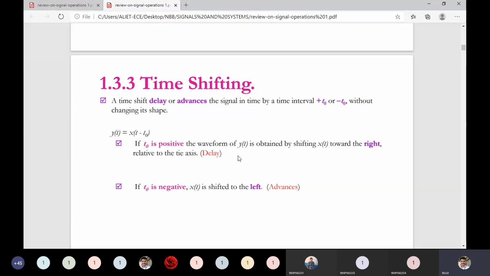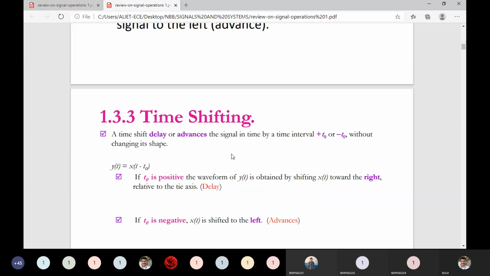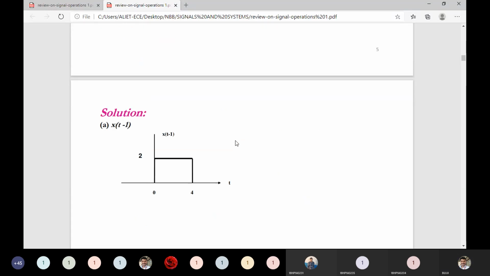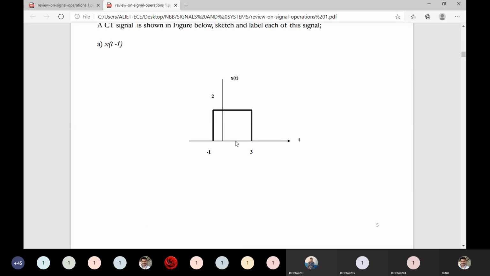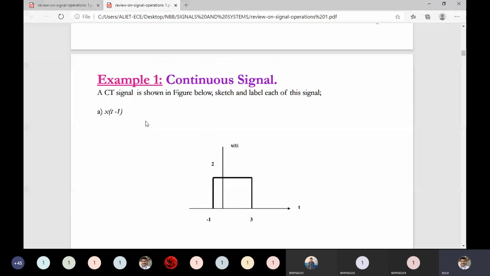Time shifting. Time shifting. See, we need to find x of t minus 1.